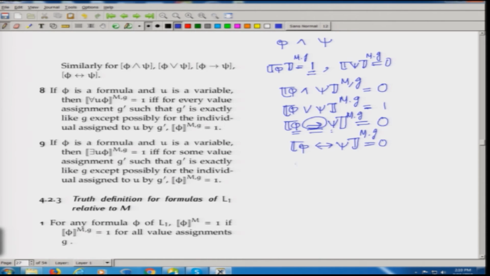It is because, as we have seen, this means that phi implies xi and xi implies phi with respect to m and g. In order for this to be 1, both this and this have to be 1. Since that is not the case, we know that phi implies xi is 0, because it is 1, 0 and will give 0. So, that is the reason this is 0.